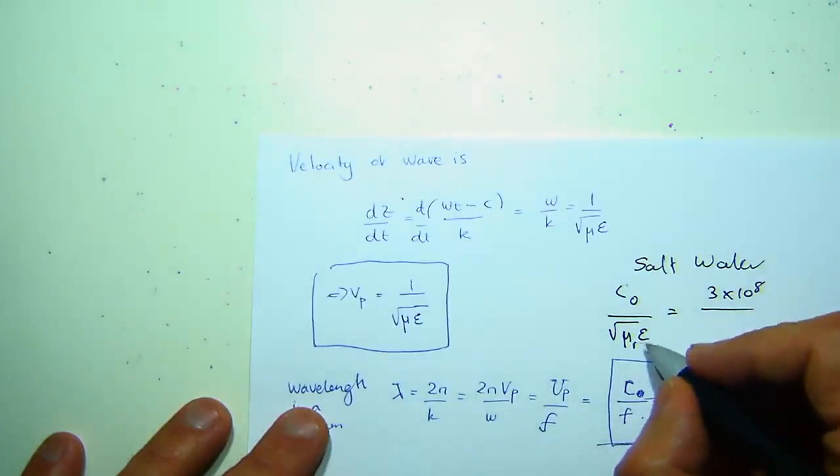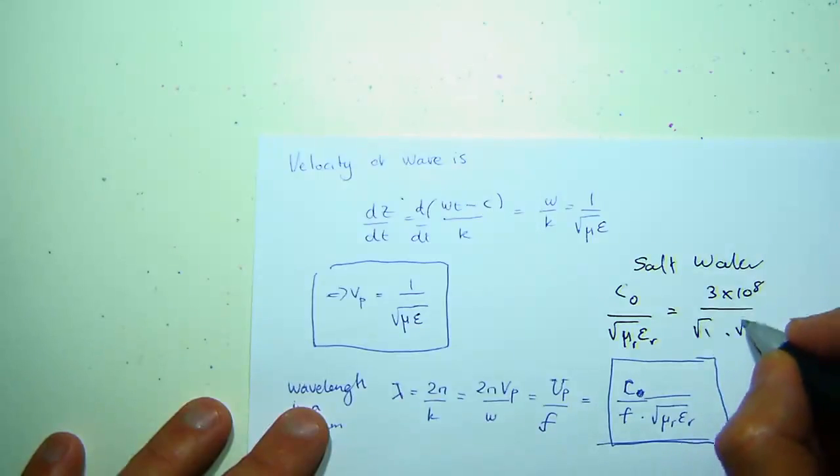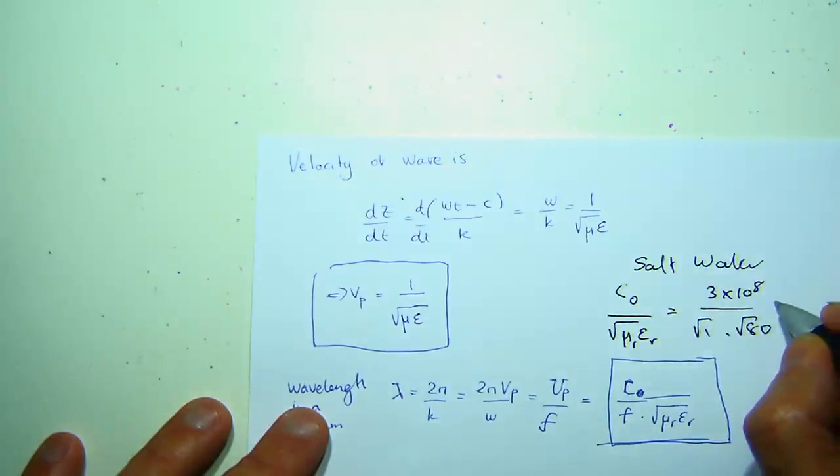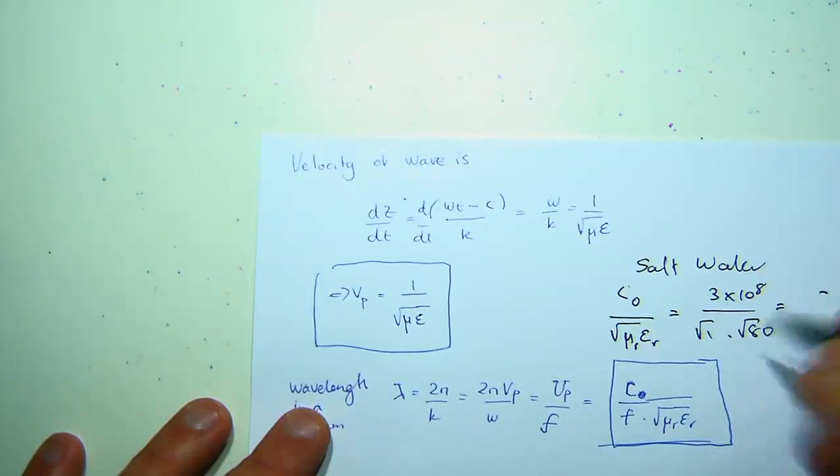So mu r, you can write it as mu r epsilon r. So we'll write 1 times the square root of 80, which is, say, 9, and roughly 10. Let me approximate that by 10. So therefore, it's 3 times 10 to the 7 meters per second.